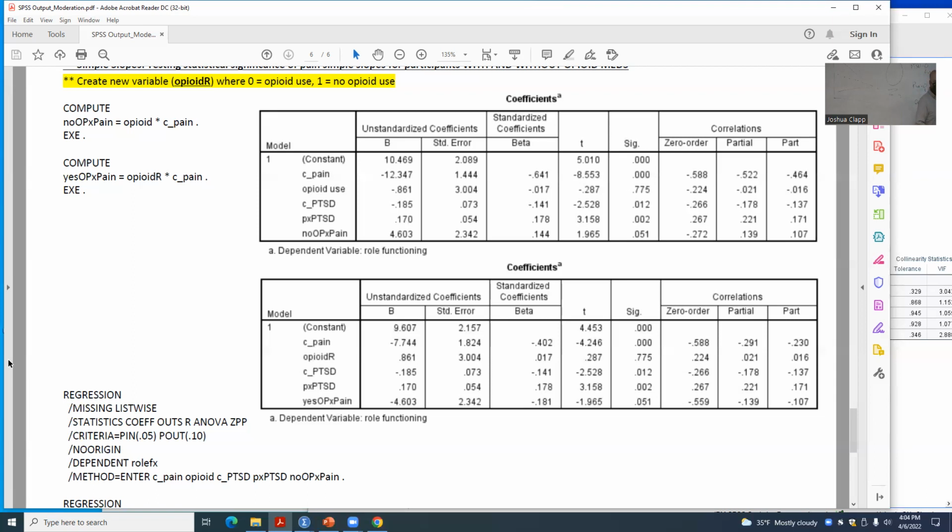Here, I don't have a variable in my model where 0 equals opiate use, so I made one. So now 0 does equal opiate use, 1 equals no opiate use. So I take my opiate R, recreate my interaction, and now my coefficient is telling me the effective pain on role functioning for people who are using opiates.